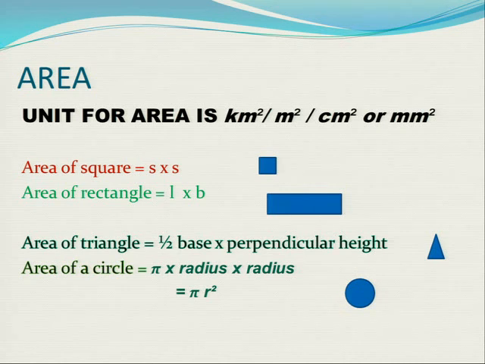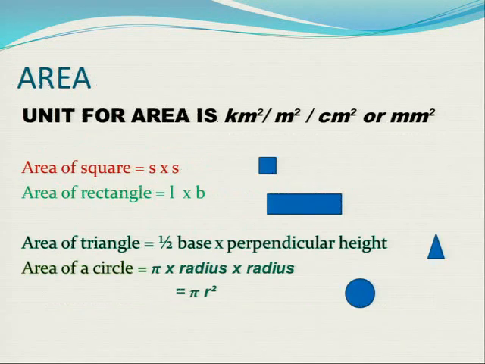The area of a rectangle is length times breadth. The area of a triangle, half base times the perpendicular height. And immediately when I see a triangle, I remember that man, Pythagoras. The area of a circle, pi times radius, or pi radius square.